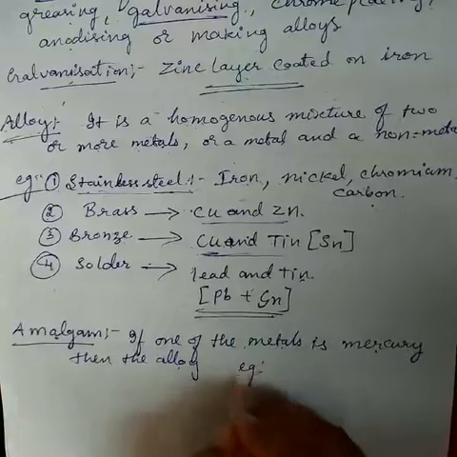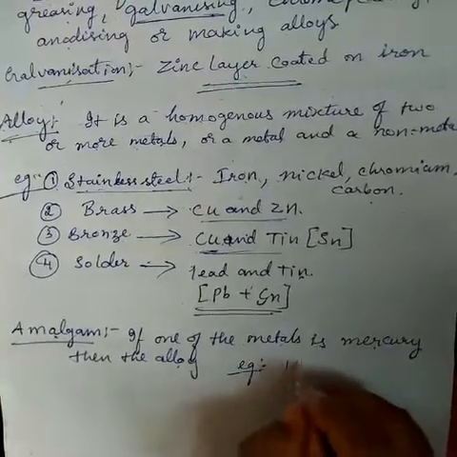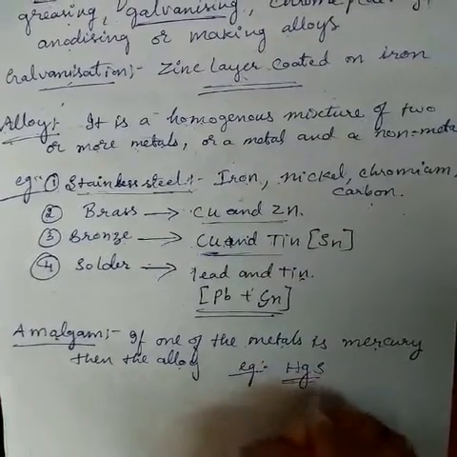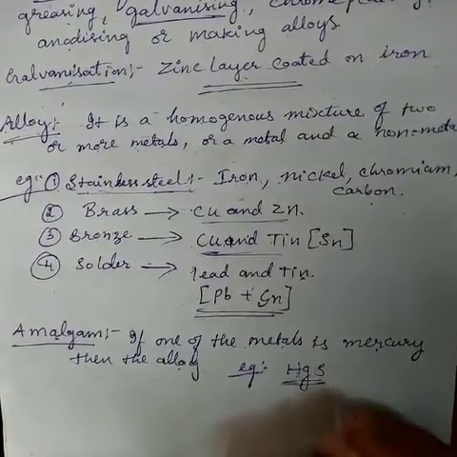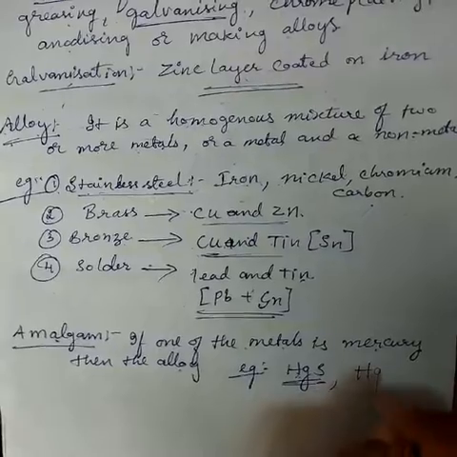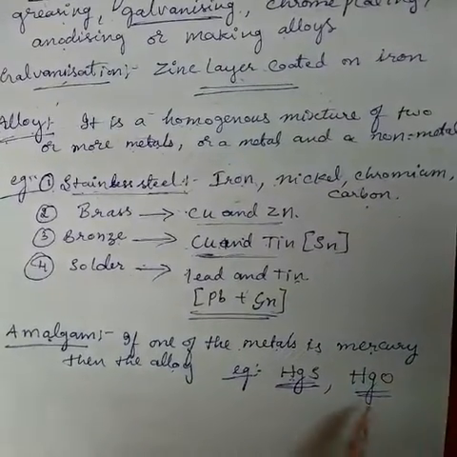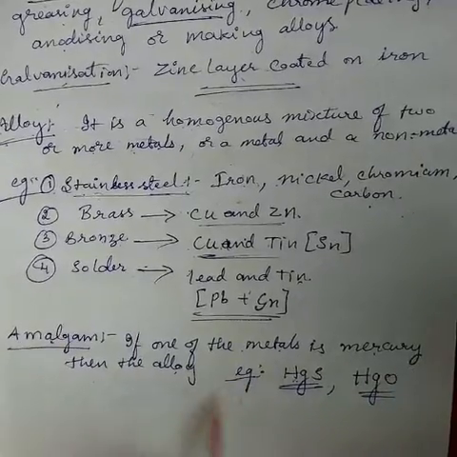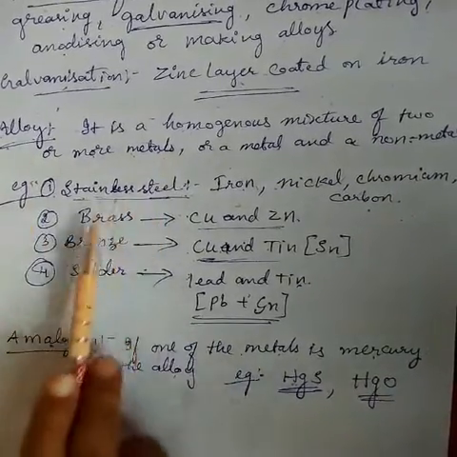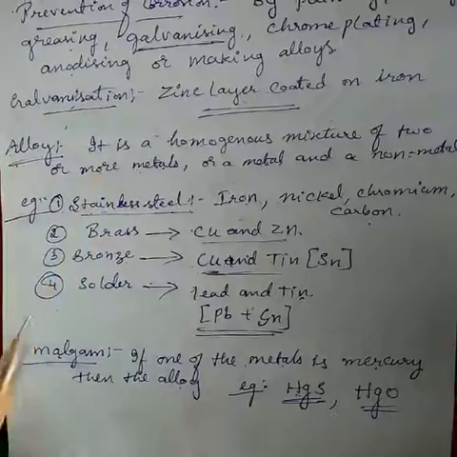For example, I already told you about the low reactive metal Hg; cinnabar is an example of an amalgam, because here mercury is in the ore, and mercury oxide is also an example of an amalgam. This is amalgam and alloy, just examples, which is most important.